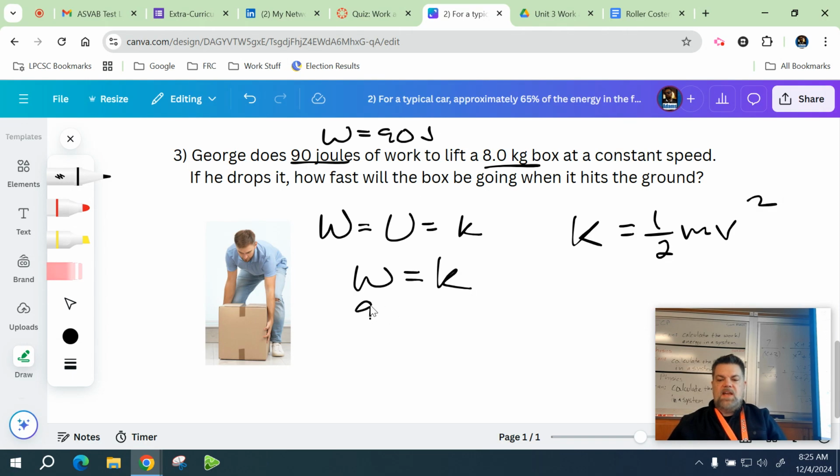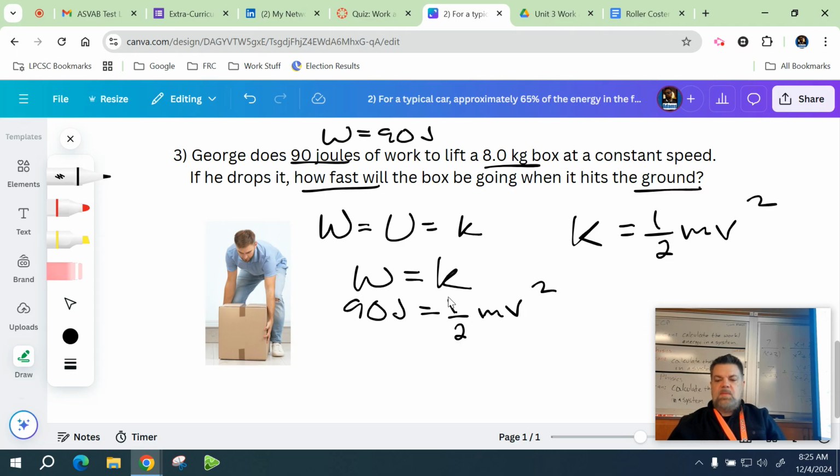So we have that 90 joules, the work that he did, is equal to 1/2 times the mass of the object times the velocity squared. And they're asking us what is the velocity, right? So I've just got to solve for the velocity.